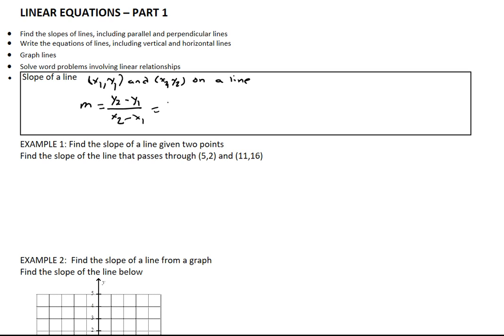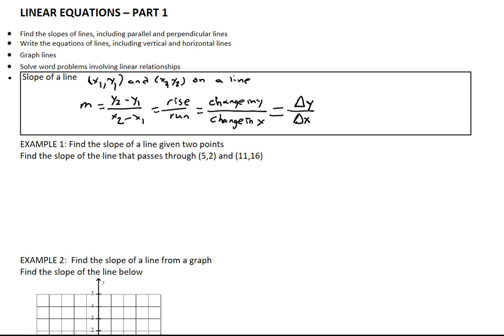You've also seen it as rise over run, or change in y over the change in x. Another way we learn about it in physics and in calculus is delta y over delta x. That's not a triangle, it's the Greek letter delta.